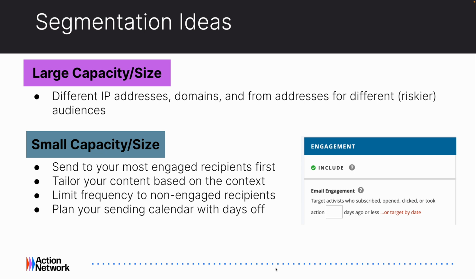First, send to your most engaged people first. Then, tailor your content based on what people actually want to see or how they joined your list. Also, plan your sending calendar with days off or with different audiences for each day. You can use the email engagement tool you see here to target only people who have opened, clicked, taken actions, or subscribed in the last X number of days.